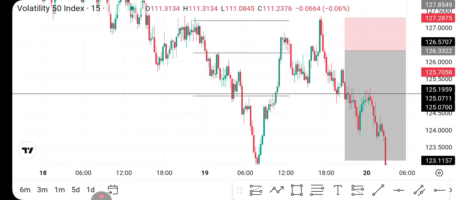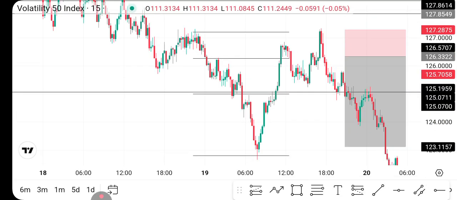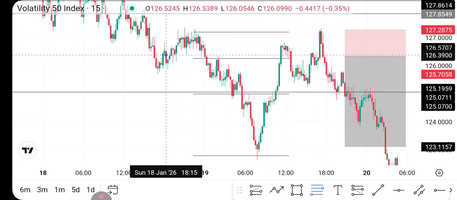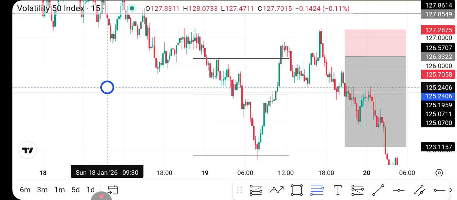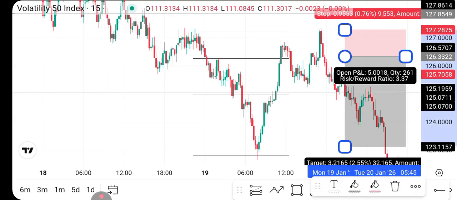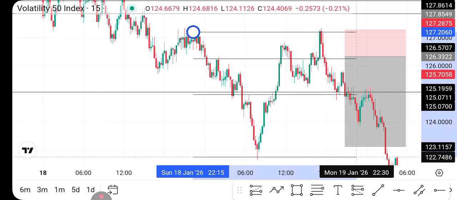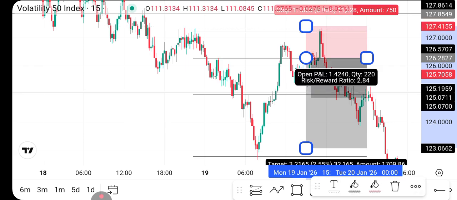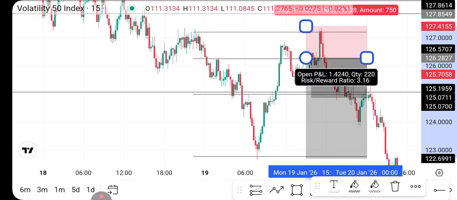All right, so that's how it works. Basically, if I had been patient enough to wait, or put my SL correctly, I would have gotten this cool trade here.